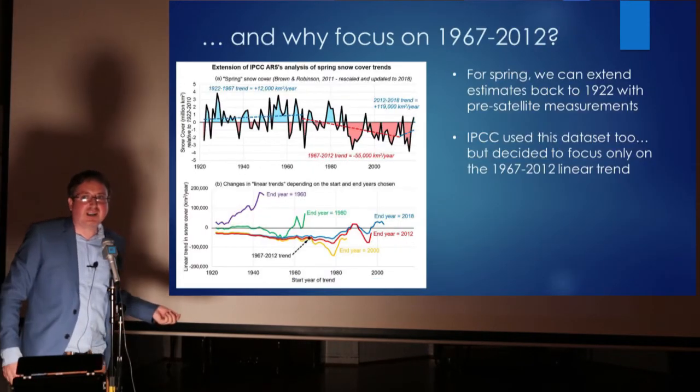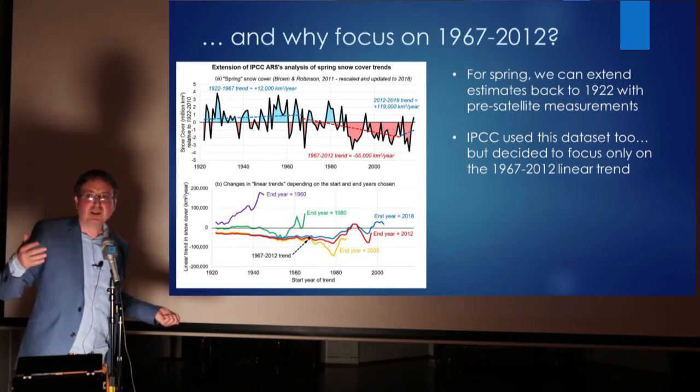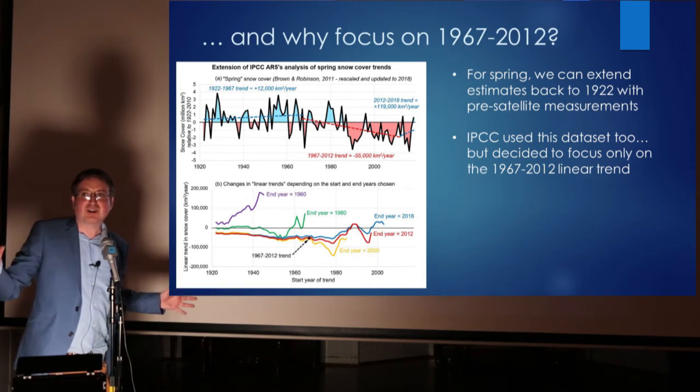The other thing is, why pick 1967 to 2012? This is again what I was talking about earlier on. Linear trends are not really a great thing when you have non-linear data.